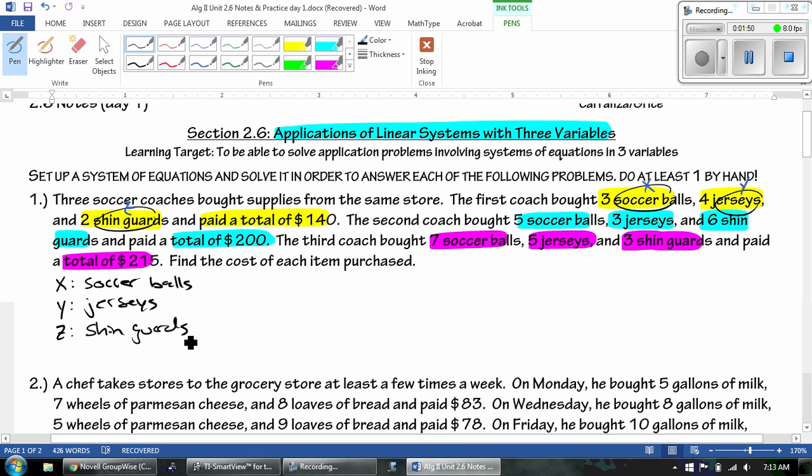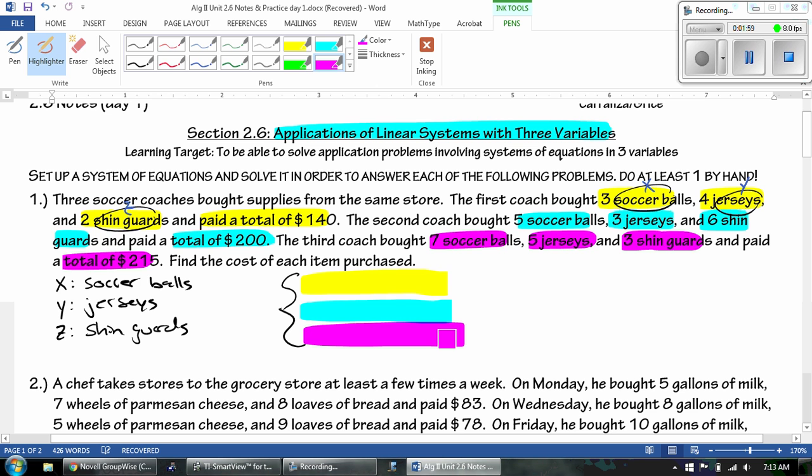Okay, now each one of these sentences was an equation. So we're going to have our yellow equation, our blue equation, and our pink equation. Our first one, our yellow: 3 soccer balls plus 4 jerseys plus 2 shin guards equals 140.